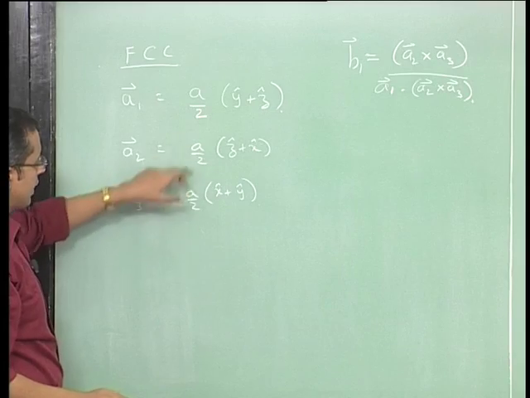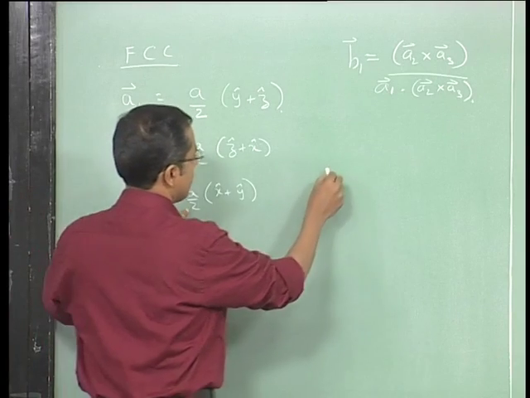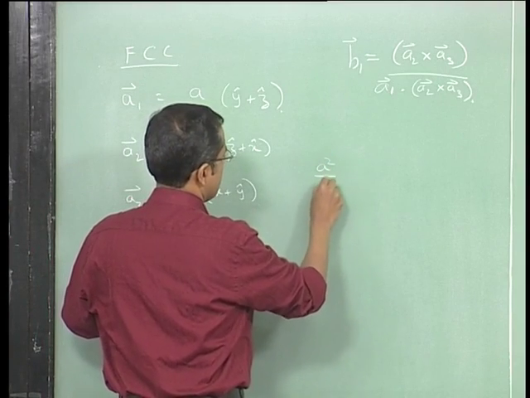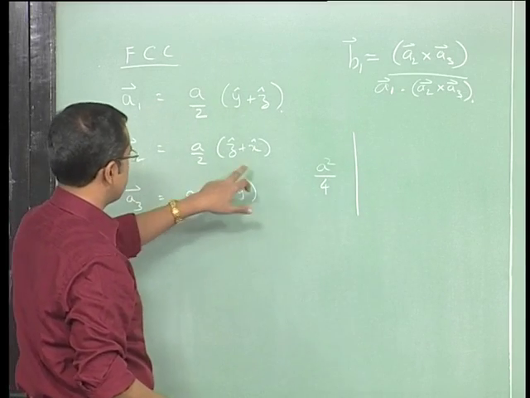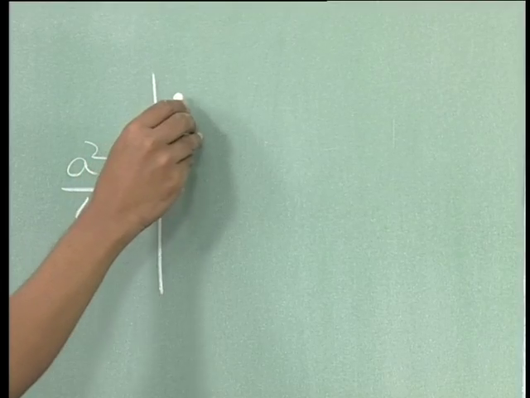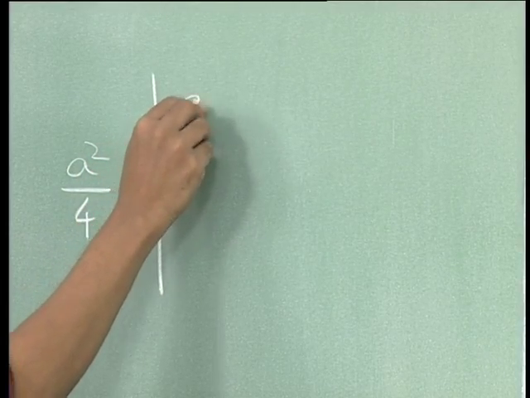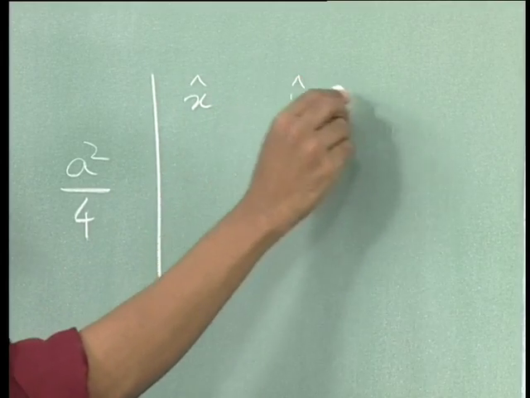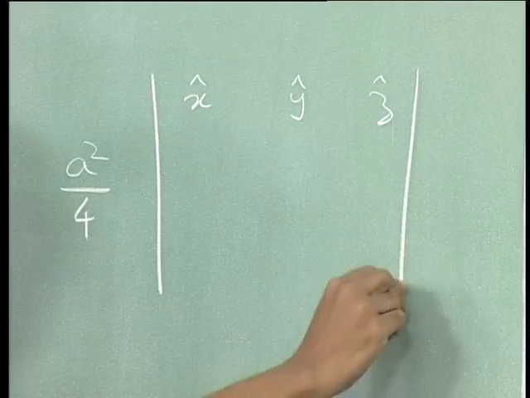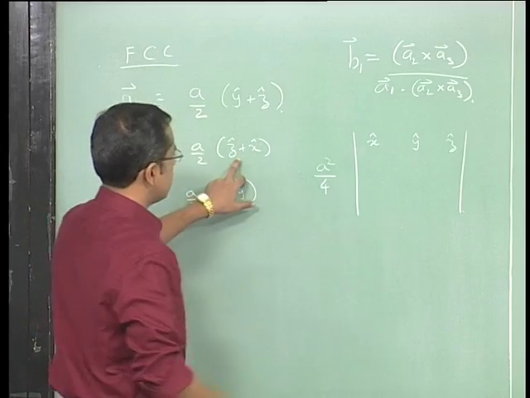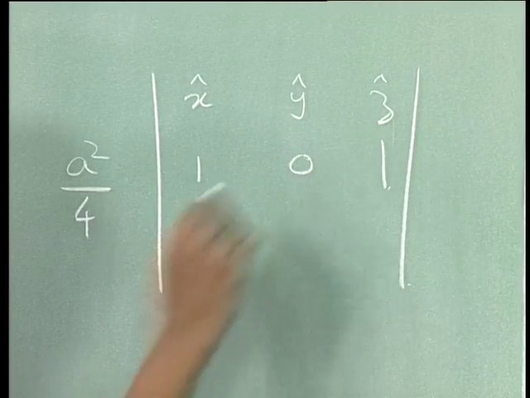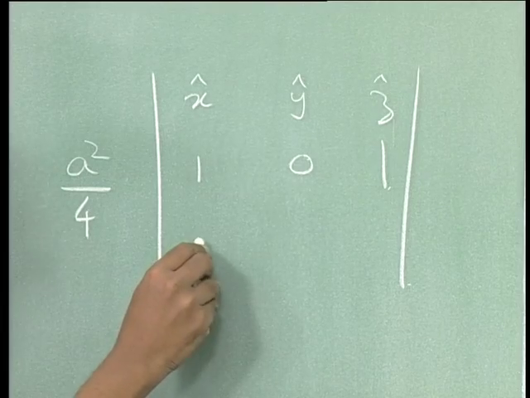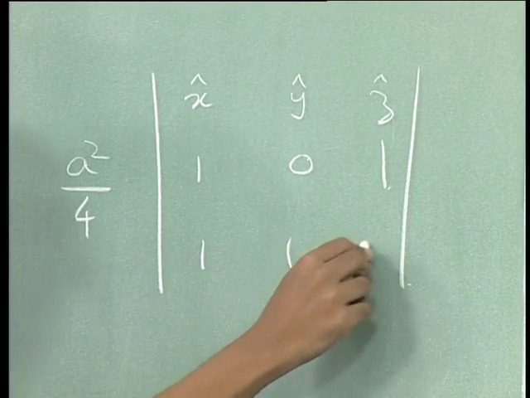Of course, the two factors of a by 2 get multiplied, so we will have a square by 4. Then we write x cap, y cap, z cap, with z plus x as 1 0 1, and x plus y as 1 1 0.